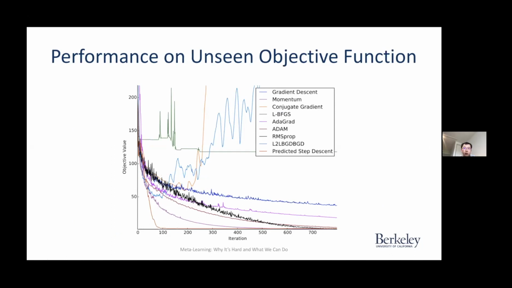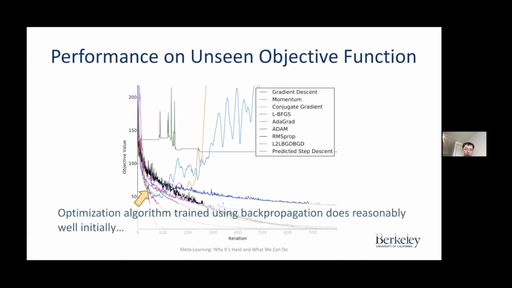But now if you were to actually try to apply it to an unseen objective function, something weird happens. So the curve that I want you to look at is this blue curve here. That is basically this optimizer learned by backpropagation. So initially it did pretty well, so the loss goes down and then it's fine. But then later on it diverges rapidly.